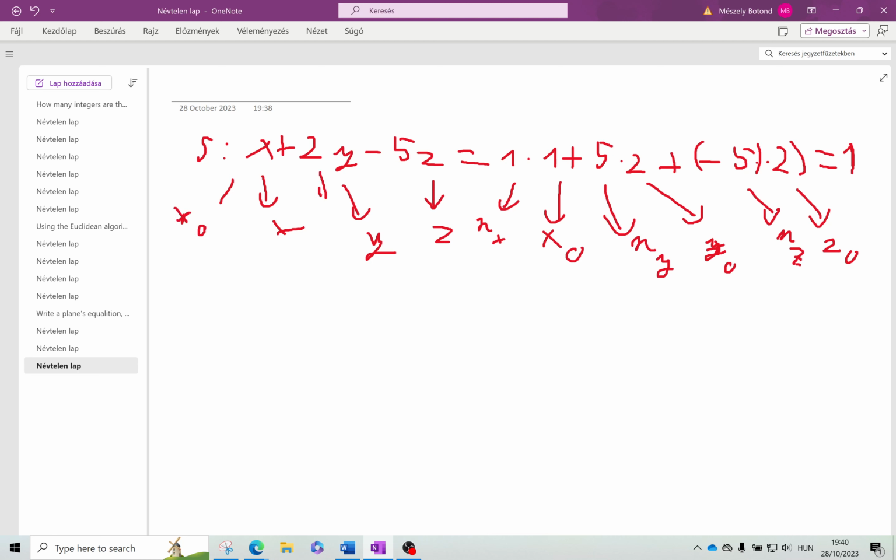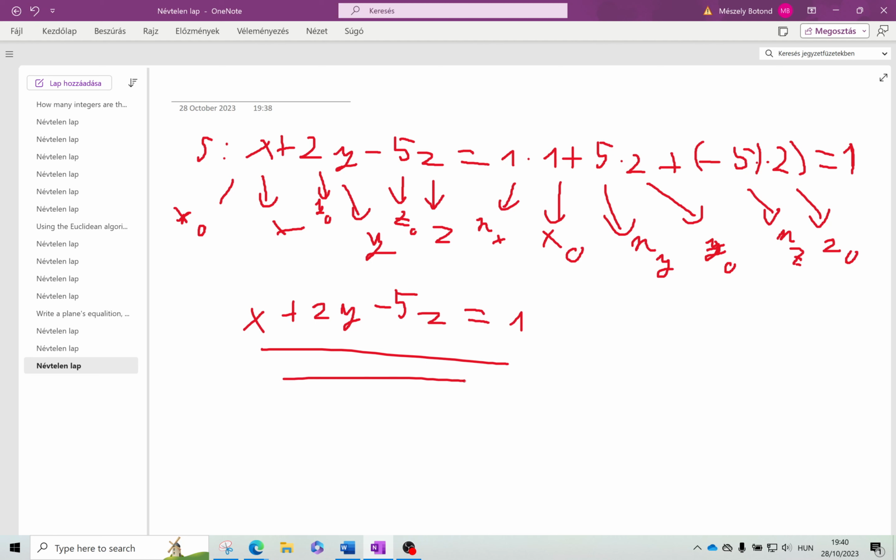So this is how a plane's equation must go. The final solution is x plus 2y minus 5z equals 1.